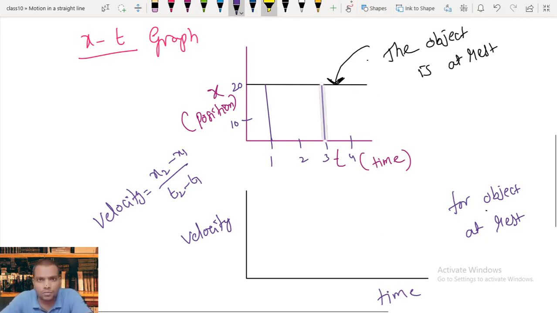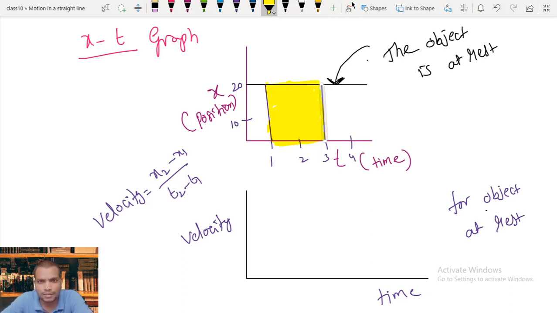I would like to find what the velocity is in between these intervals t1 and t2. Forget about the rest for a moment.